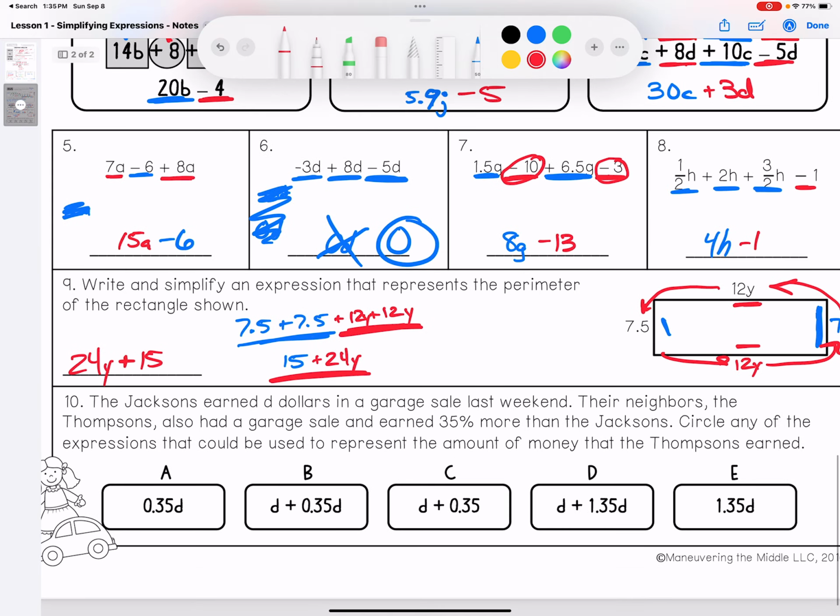All right, number 10, last one for the day. The Jacksons earned $D in a garage sale last week, and their neighbors, the Thompsons, also had a garage sale and earned 35% more than the Jacksons. Circle any of the expressions that could be used to represent the amount of money the Thompsons earned.